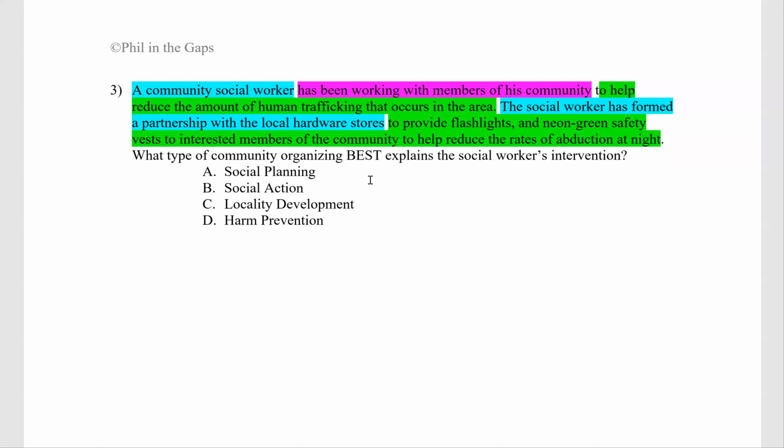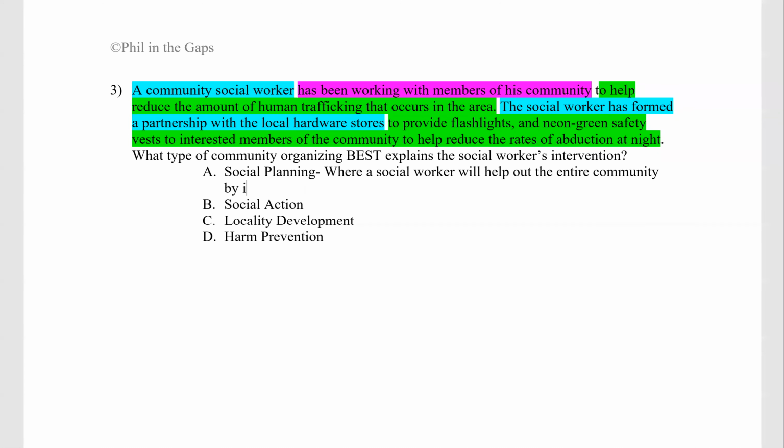What type of community organizing best explains the social worker's intervention? Let's define each type of community organizing, compare it back to the question to see what we're looking at. In particular, A, social planning is where a social worker will help out the entire community by initiating resource and or service delivery to help promote change.